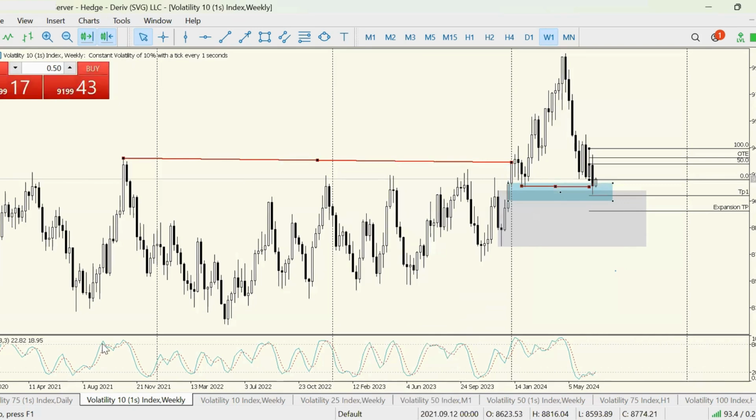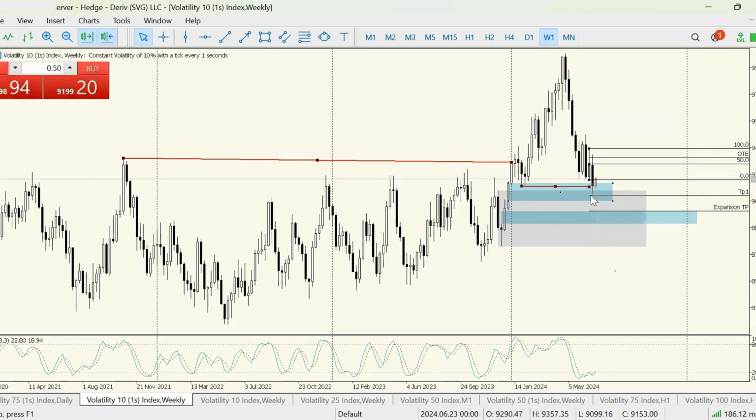Then we have another fair value gap right there. So the most ideal fair value gap to use is this one. First line of defense, we have our second line, and this rejection candlestick is our last line.